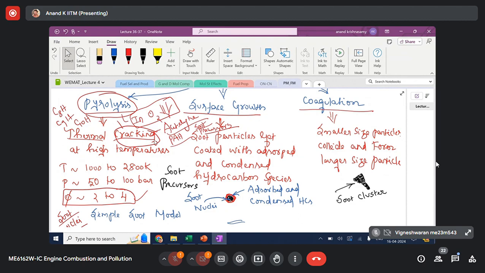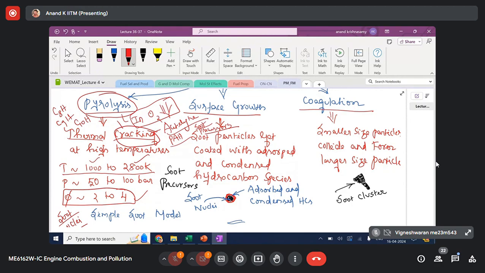So it all starts with this thermal cracking, which is a pyrolysis reaction under an oxygen-deficient environment with the Phi 2 to 4 range, over a wide range of pressure and temperature. As you could see here, this reaction can happen anywhere between 1000 to 2800 Kelvin. Okay, it's starting at 1000, which is relatively high temperature. It can go all the way up to 2800 Kelvin.